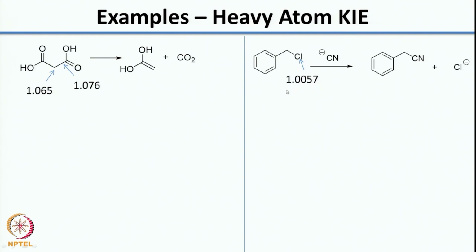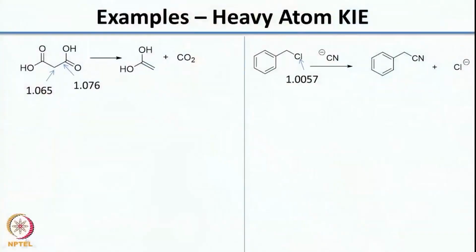So what you would see is even a value of 1.0057 corresponds to a primary kinetic isotope effect, and I wanted to show you these values so that you understand that when you have heavy atom kinetic isotope effects, the values are small and they correspond to primary kinetic isotope effects. Secondary kinetic isotope effects in this case are very negligible, so you would not even see it. So a value of this would correspond to a primary kinetic isotope effect. So now that I have told you that both of these are primary kinetic isotope effects, I would write this as PKIE.